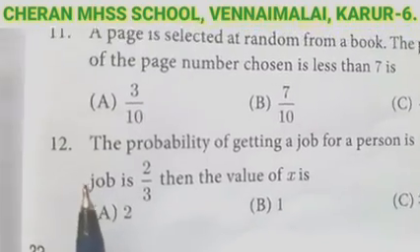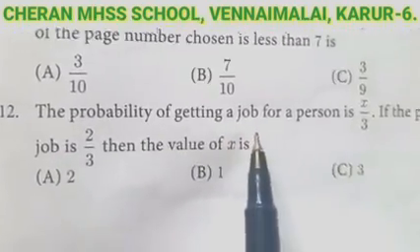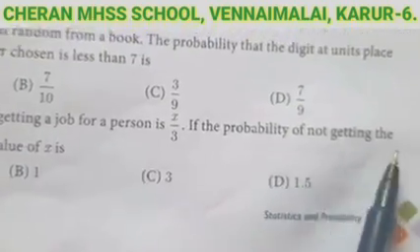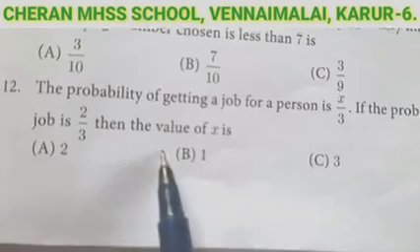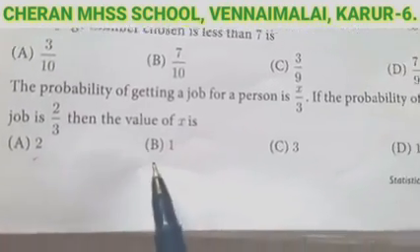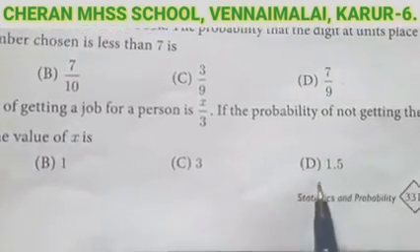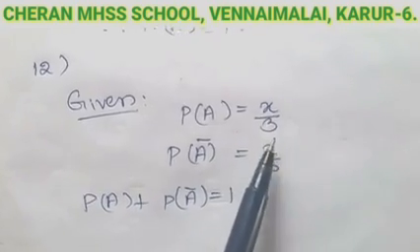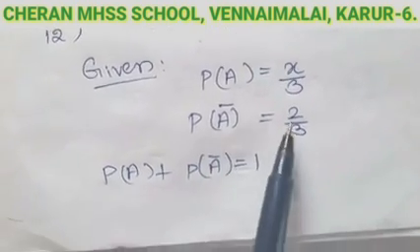Sum number 12. The probability of a person getting a job is x by 3. If the probability of not getting the job is 2 by 3, then find the value of x. Options: A is 2, B is 1, C is 3 and D is 1.5. Given P of A is x by 3, P of A bar is 2 by 3.